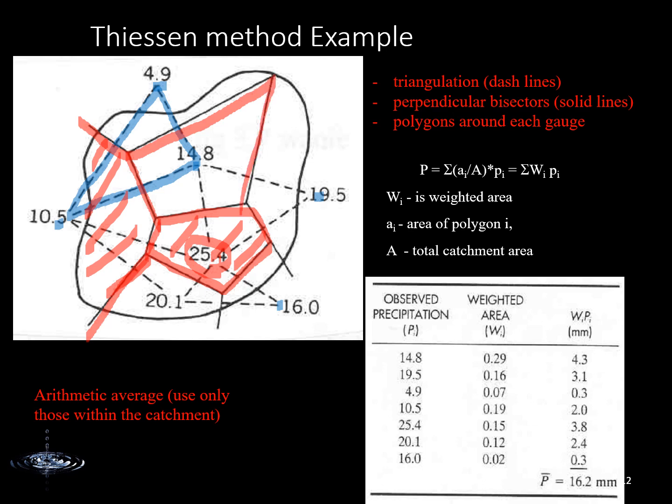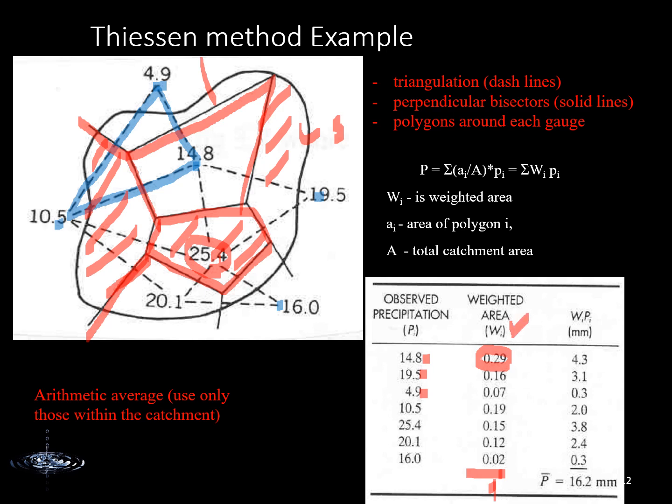So here for different stations, 14.8, 19.5, 4.9, all these different stations, we calculate the weighted area. That is the actual area divided by the total area. So if you sum them up, it has to be 1. So that's the weight only. This area might be 5 hectare, this is 10 hectare and so on, and ultimately you divide each by the total area and you get the weighted area.